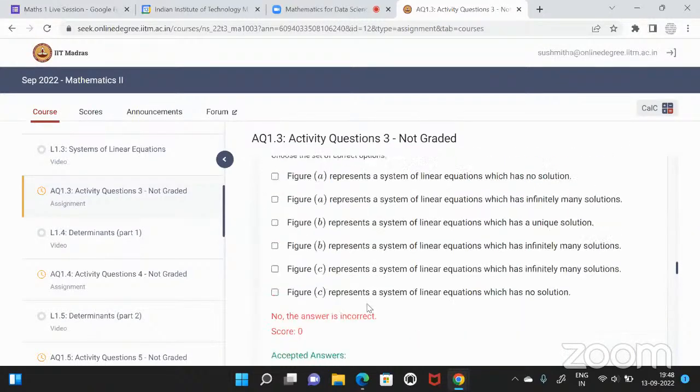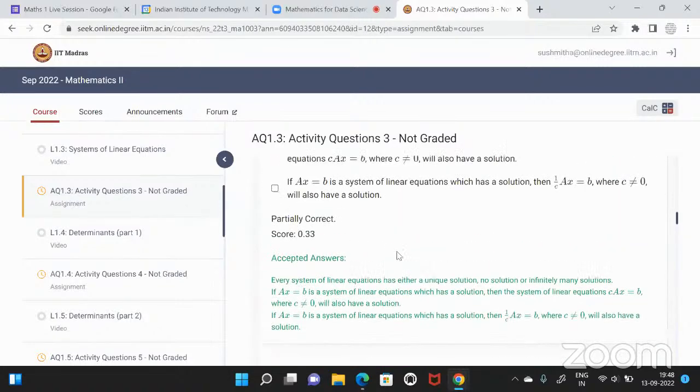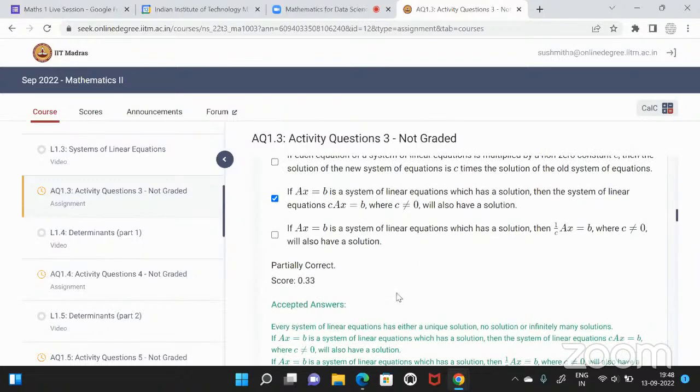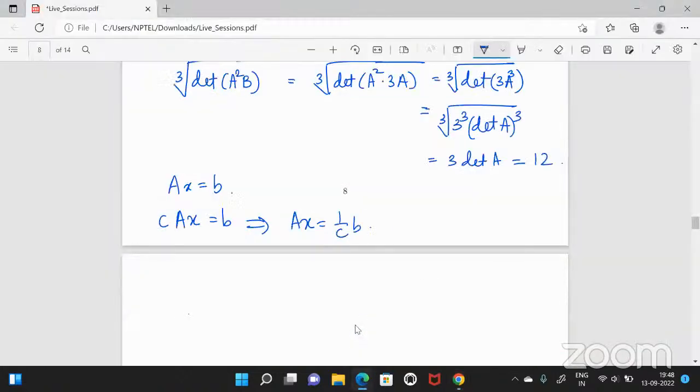So how do I tell that with week 1 content? Can you construct a solution? If you can construct a solution, you are done, right? Means you want to check whether this has a solution or not.